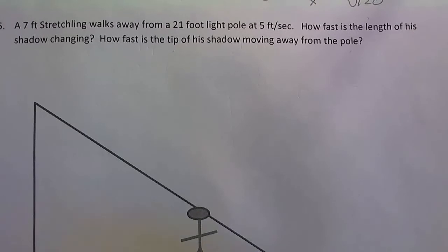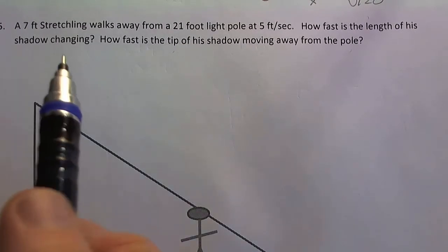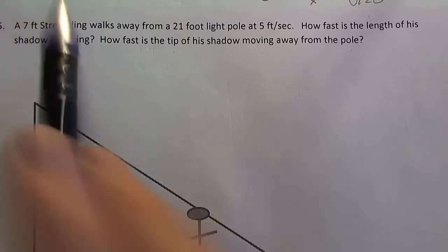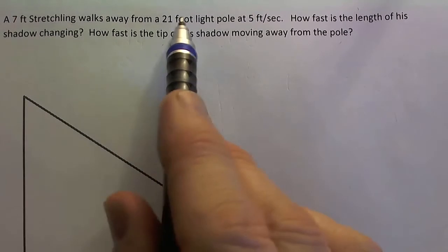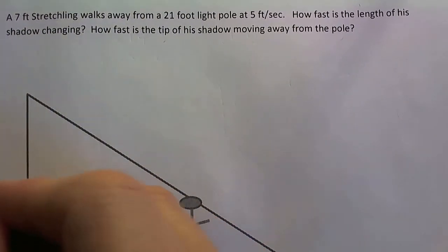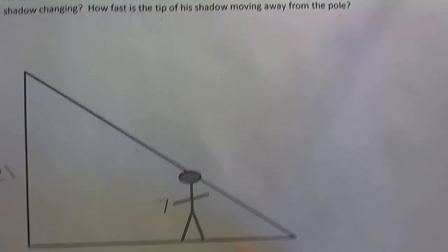Okay, so you have this situation where a 7-foot stretchling, he's a stretchling, 7 foot, walks away from a 21-foot light pole. So he's 7 feet tall. The light pole is 21 feet.